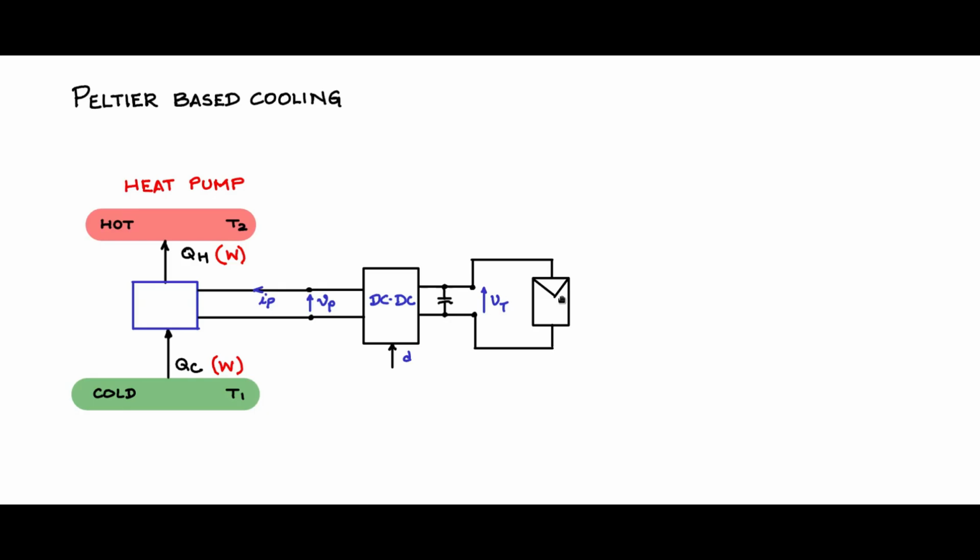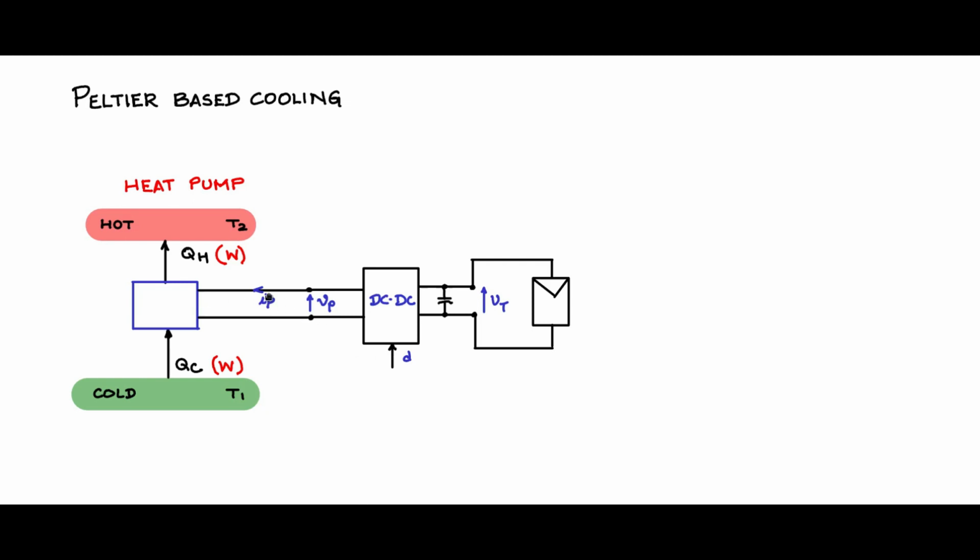Along with the insolation, the duty cycle can be controlled such that the PV module is operated at the maximum power point. This we know how to do. So a maximum power point operated PV panel DC-DC controller setup can be used to power the Peltier element.